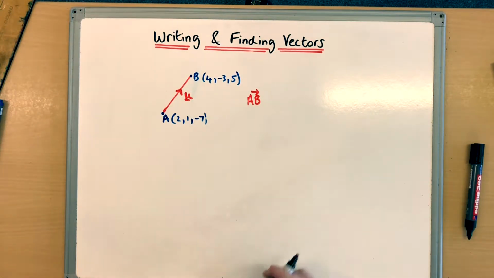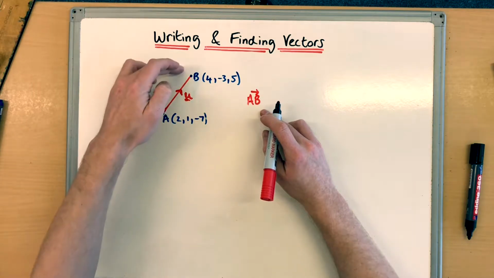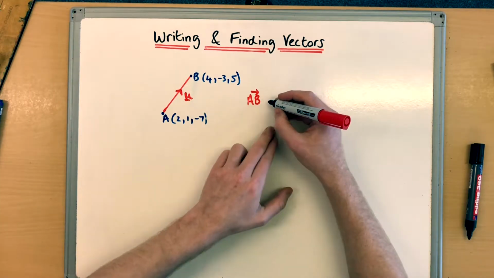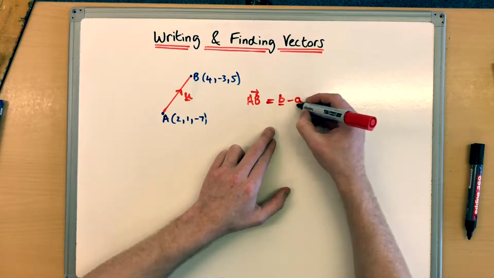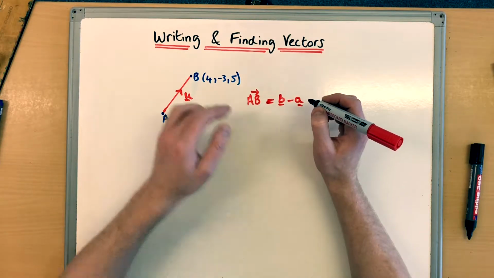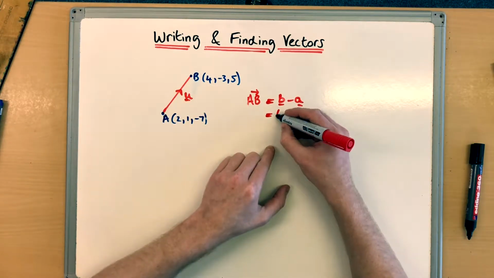How do we find a vector? Well, to find a vector from A to B, if you know the coordinates where it starts and finishes, in other words A and B, then we're going to do B take away A. And when we do that, we find the coordinate B, and we actually turn the coordinate into a vector.